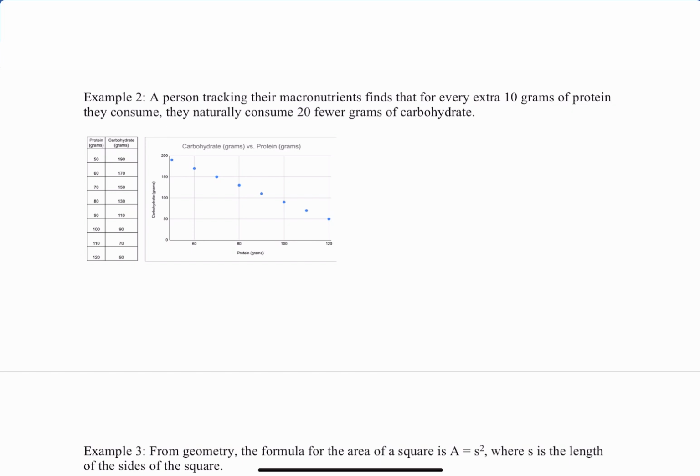So in this example, the grams of protein is the independent or explanatory variable.